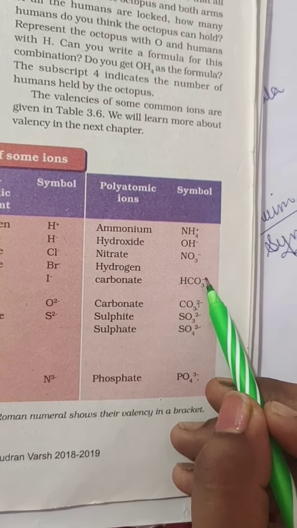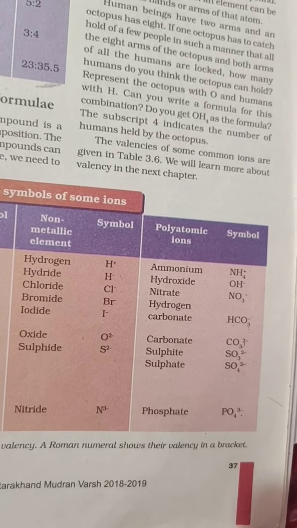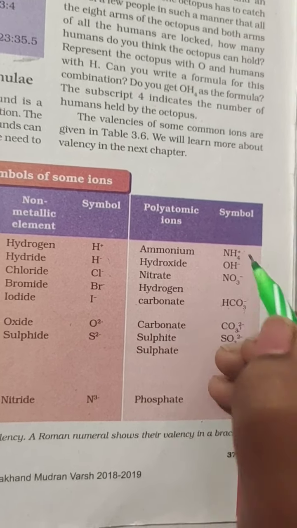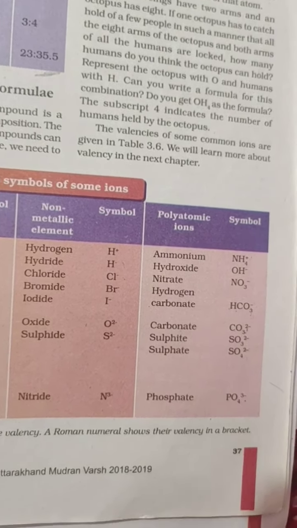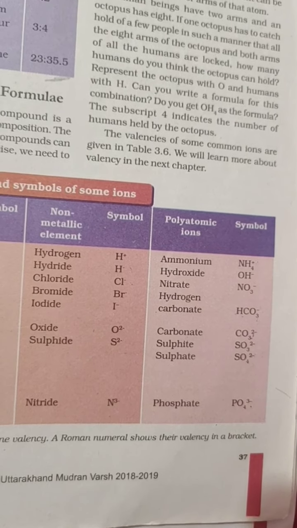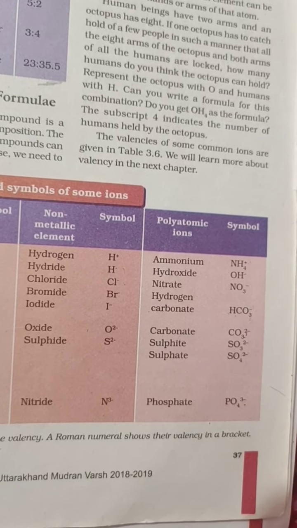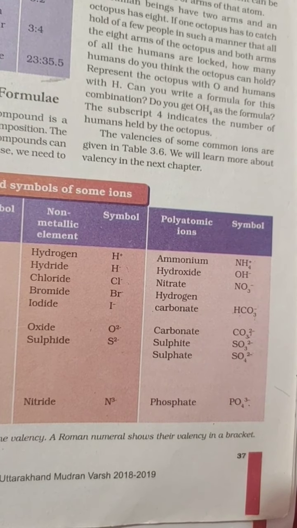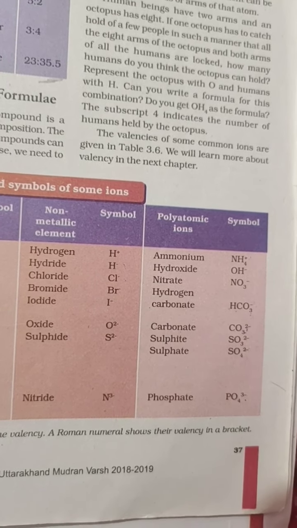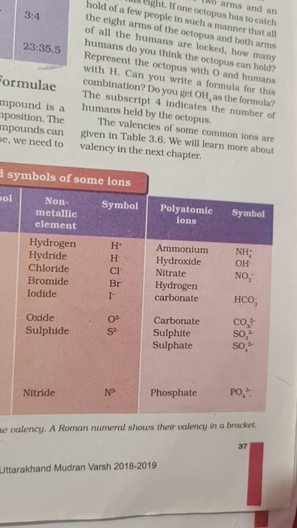I hope you remember all the things which I've told you, the number of electrons which transfer from one place to another when the ions are formed, you can see them here. Like when oxygen accepts electrons from any other atom, the number of electrons oxygen accepts is that number, 2 minus, it accepts 2 electrons.